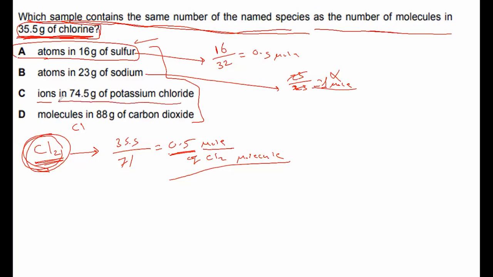KCl has a molar mass of 74.5, so 74.5 over 74.5 gives us 1 mole. And the next one, molecules in 88 grams of carbon dioxide: it will be 88 over 44, the molar mass of CO2. Here we got 2 moles.